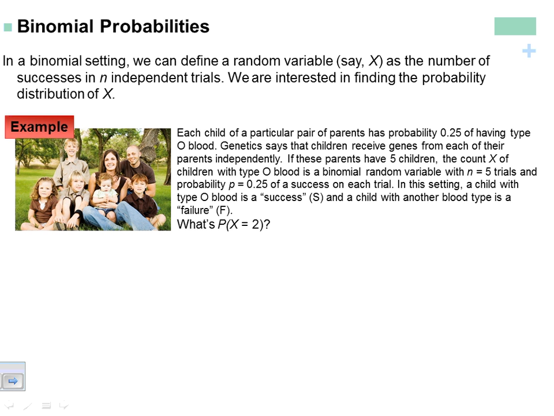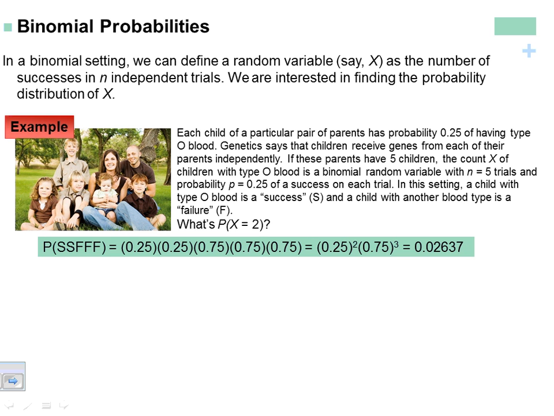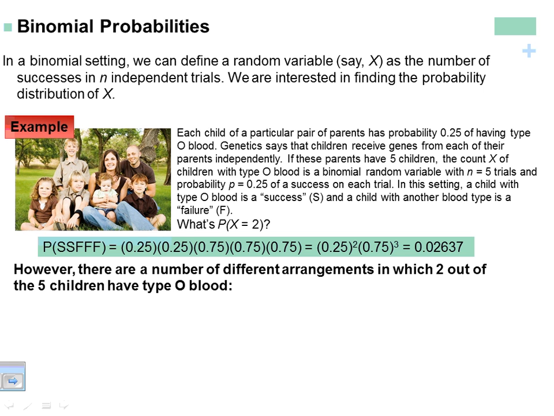So I want to know what's the probability of having 2 successes. That means we could do success, success, fail, fail, fail. Well, could we also do that in different arrangements? We could go success, fail, success, fail, fail. We could do success, fail, fail, success, fail. We could do success, fail, fail, fail, success.